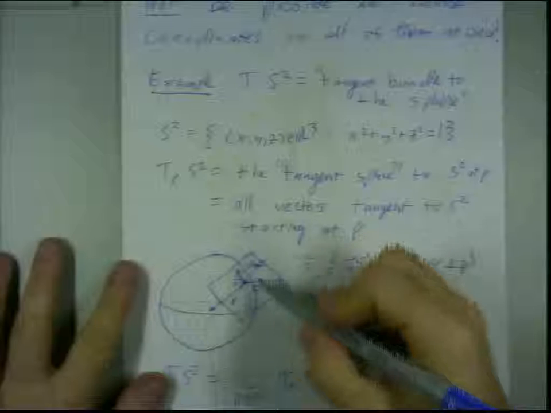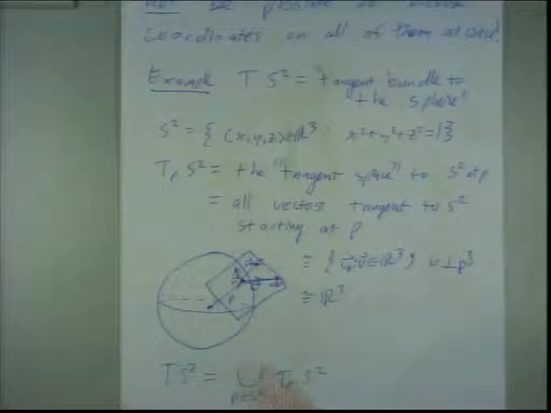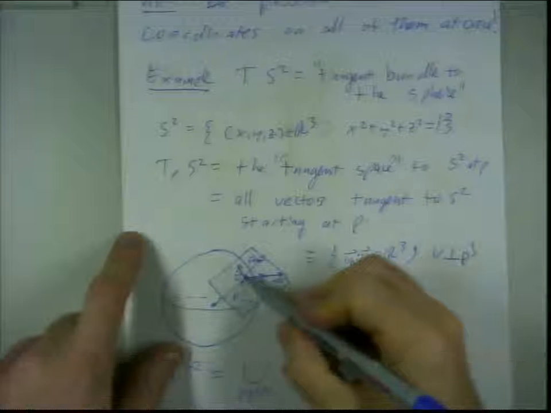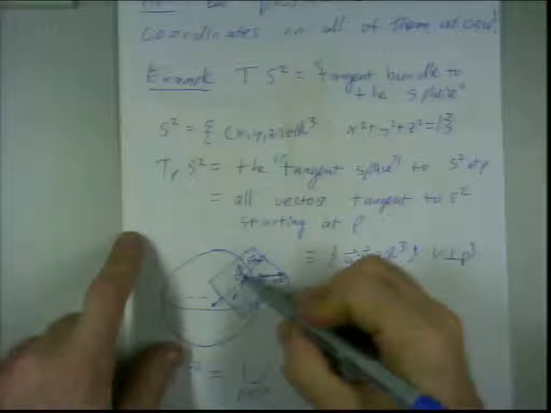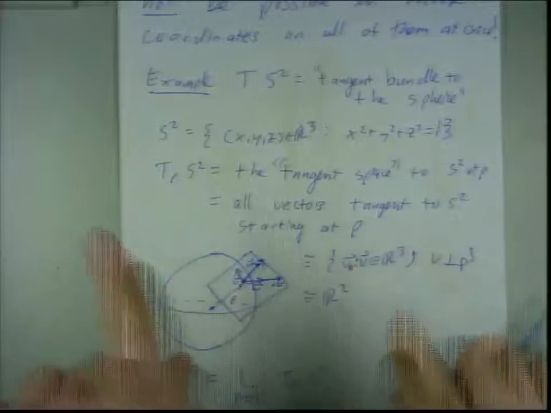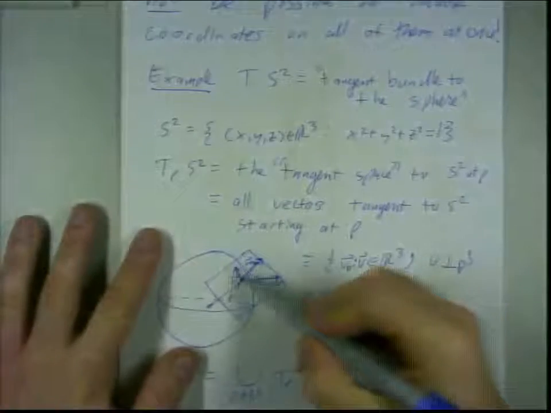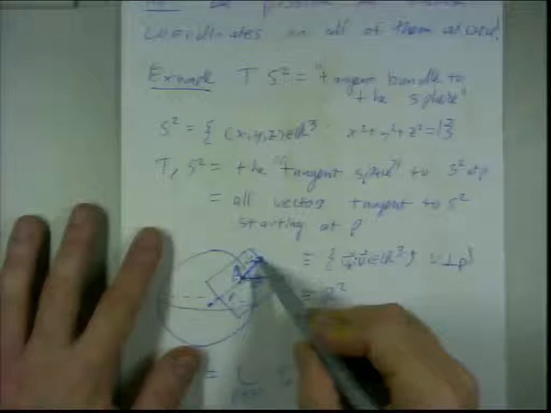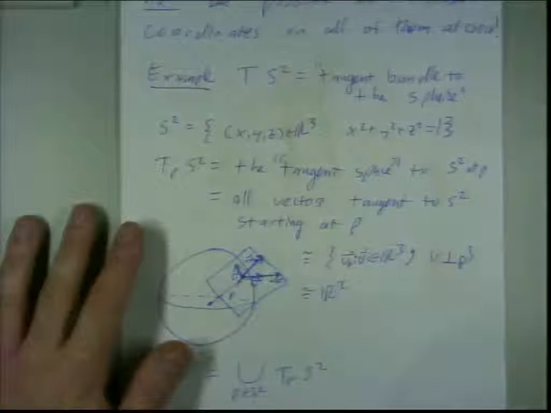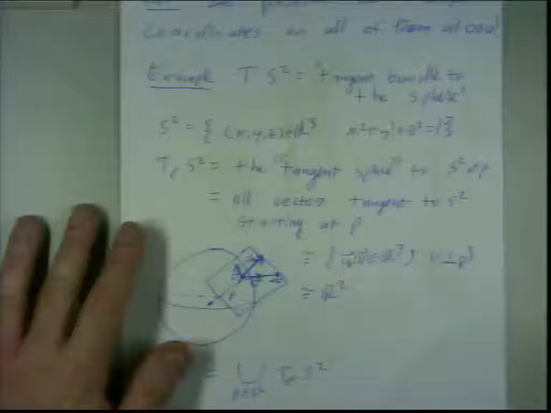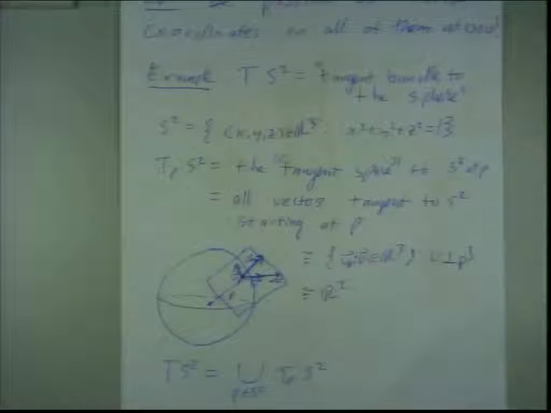Well, you can see it geometrically, because if you have two vectors that start from here, you can just view them as, if you like, vectors in R3, and because they're both tangent to the sphere, their sum will be tangent to the sphere. And so here's a vector, here's another vector, here's the sum of the vectors. Right? If you have two vectors, you add them, if they're both perpendicular to the same thing, their sum will be perpendicular to the same thing.